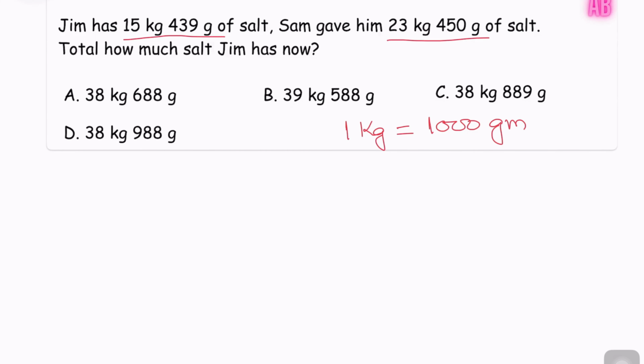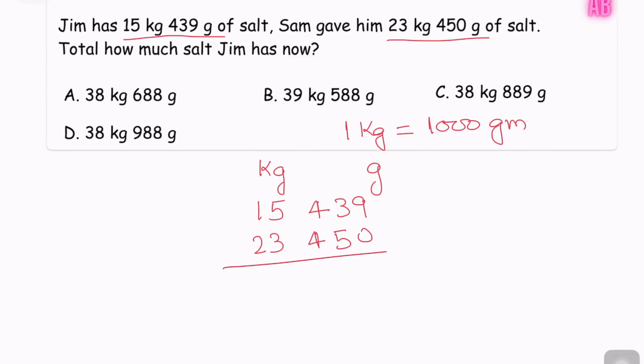So again we will do it with the same technique, same process. I will write kg here and I will write grams here, okay? So Jim was already having 15 kg and 439 grams of salt, and Sam gave him 23 kg and 450 grams of salt.